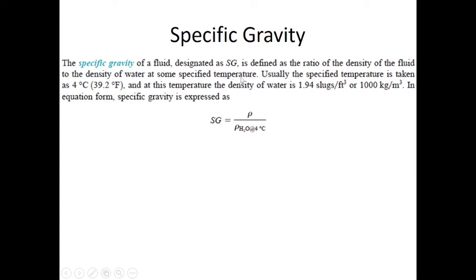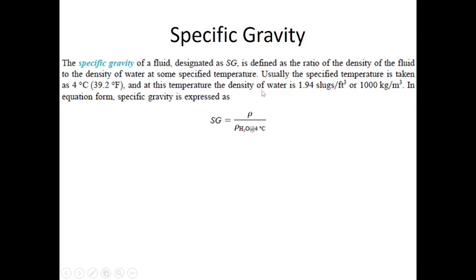Usually the specified temperature is taken as 4 degrees Celsius. Yun ang standard, which is 39.2 degree Fahrenheit.